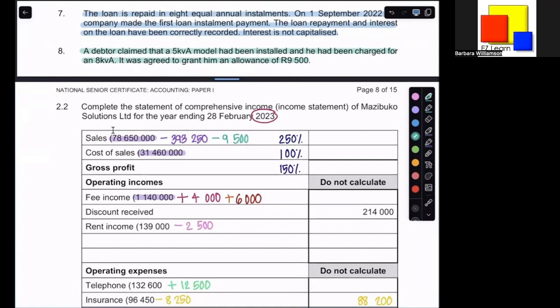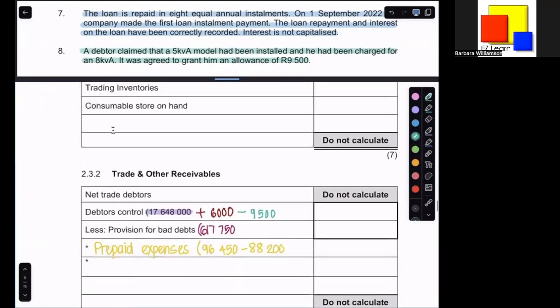We'll calculate that by simply saying the 9,500 times, and now you can see why it's nice to have my percentages from the markup over here. I'm looking for the 100 and I've got the 250. So that's how you're going to work out the cost of 3,800 that you will subtract. Of course, the other account for that is going to be your inventory.